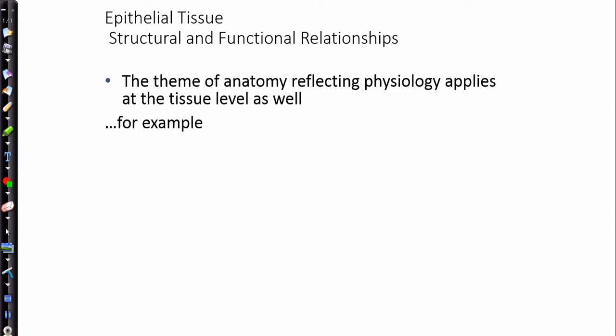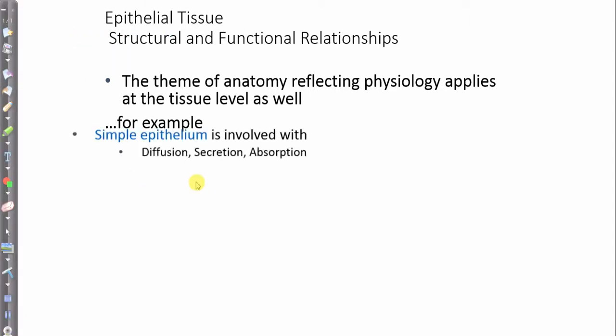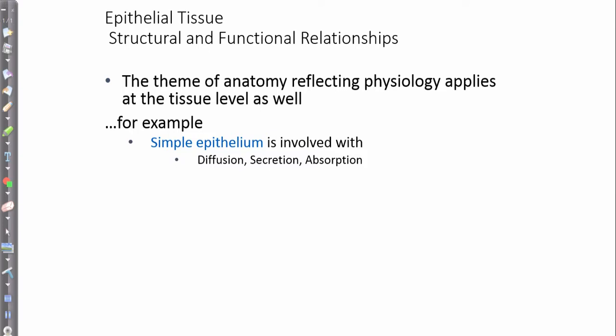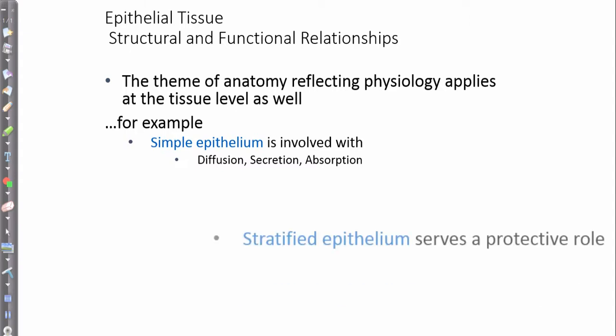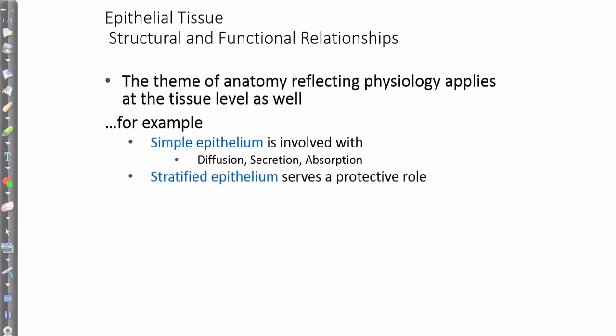And by that I mean if we consider where you would find simple epithelium versus stratified epithelium, you're going to find simple epithelium in places where you need to have diffusion, movement from one place to another, or secretion or absorption, as opposed to stratified, where you're going to find that where you need lots of protection. You don't want to have one layer of cells in your stomach, or one layer of cells on your skin.